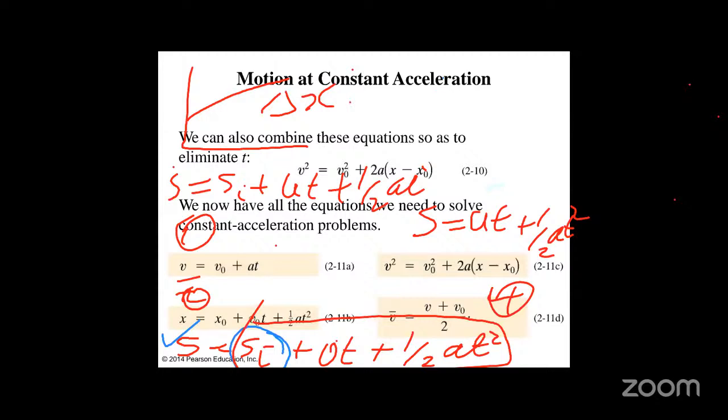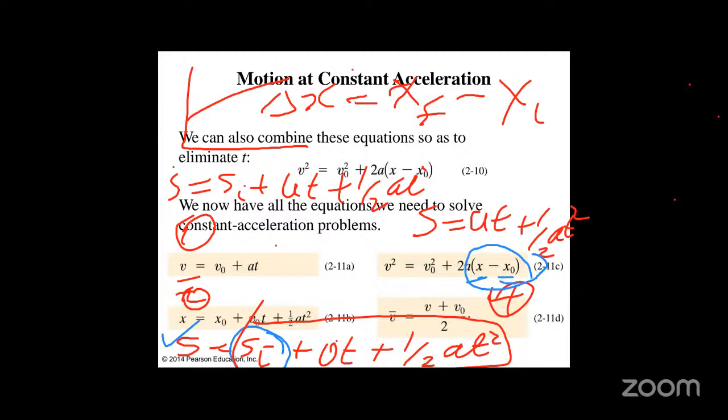Remember that change in x is equal to final position minus initial position. So see this in bracket as the final position minus initial position.